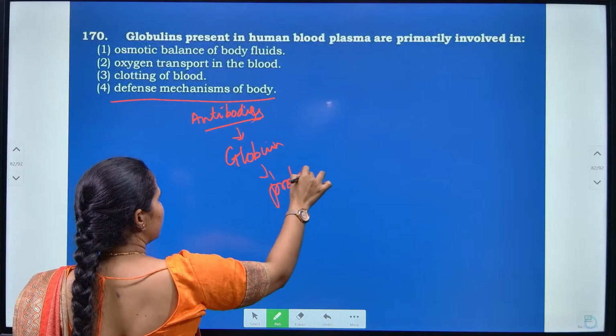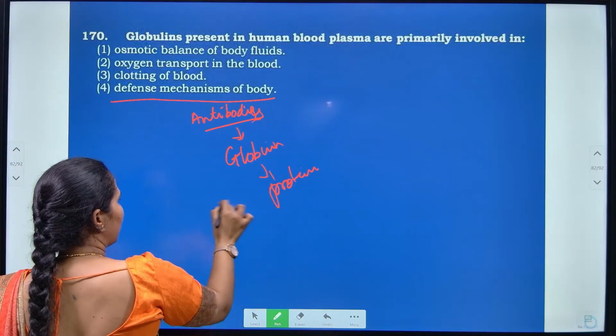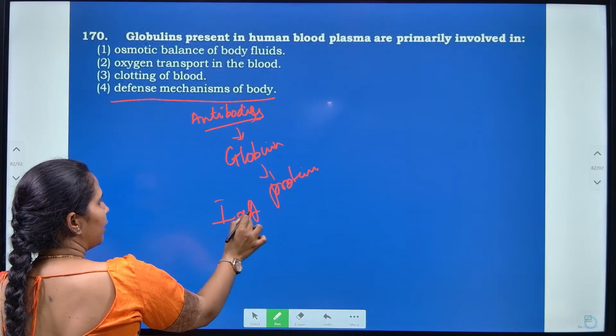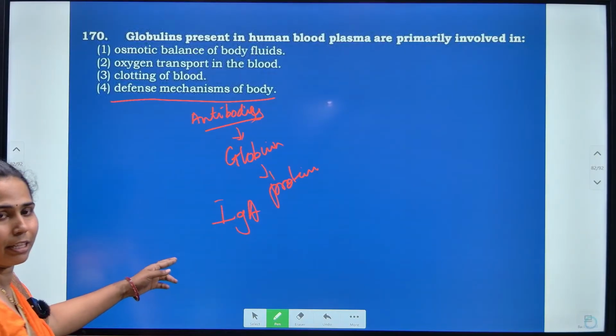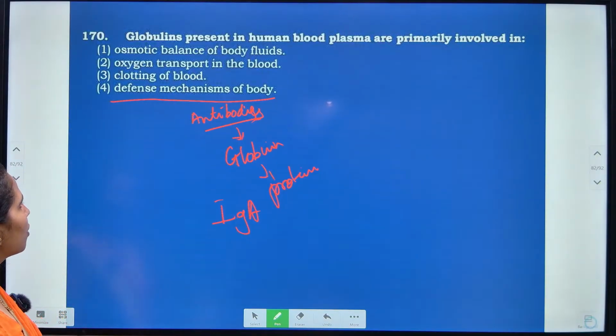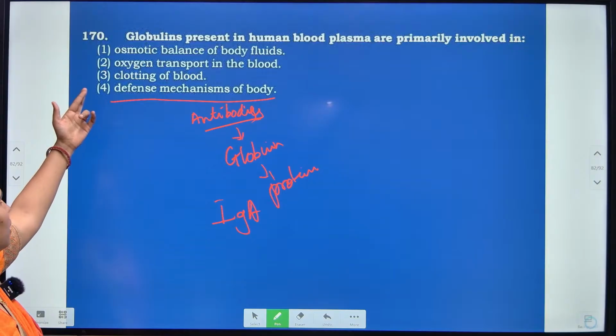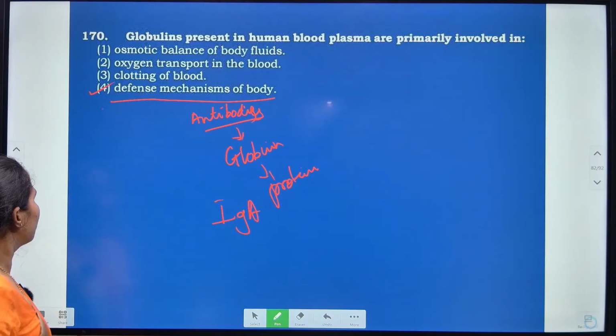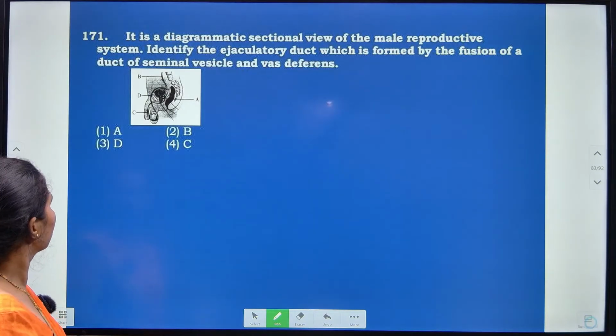An antibody is a protein molecule, hence we call it Ig, for example IgA, immunoglobulin A antibody, which is present in the colostrum and helps in the defense mechanism. All the other options are wrong, but the globins are present for the defense mechanism, so option 4 is right. Next.